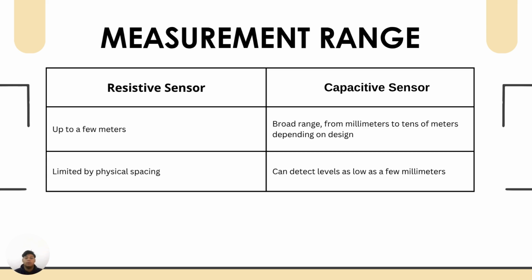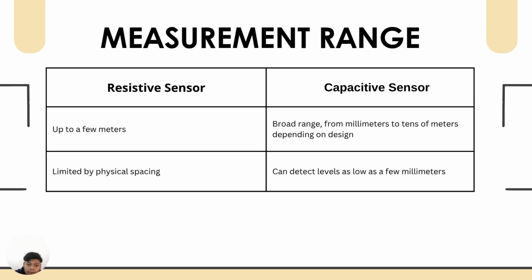When it comes to measurement range, the differences are clear. Resistive sensors are limited by their physical design. Most are designed for short-range measurement, such as small tanks or containers, typically a few centimeters to a few meters. Capacitive sensors, however, are much more flexible.